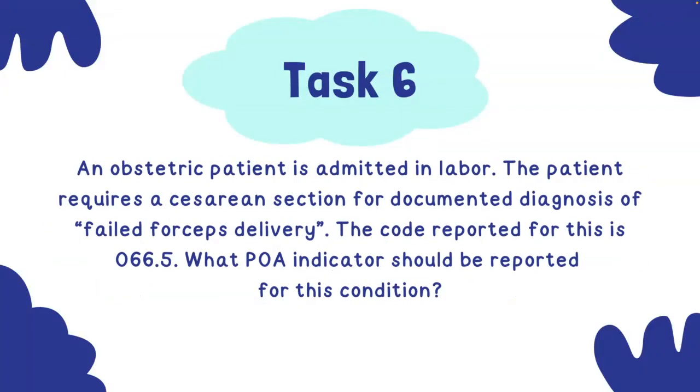All right, next patient. Obstetric patient is admitted in labor. The patient requires a C-section for a documented diagnosis of failed forceps delivery. The code reported is 066.5. What POA indicator should be reported for this condition? And I intentionally called out obstetric conditions earlier, a few minutes ago.